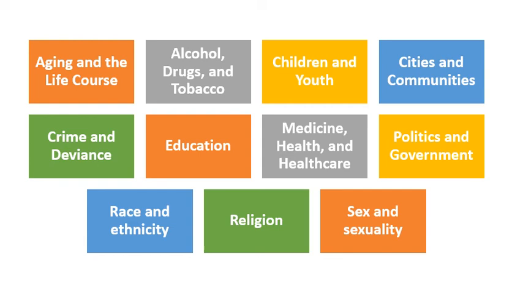So we'll talk about theoretical traditions more next week, and we'll talk about some of the substantive areas of sociology. But on the slide here, I have just some examples of some of the areas of study that sociologists pursue, including crime and deviance, and race, ethnicity, education, etc.